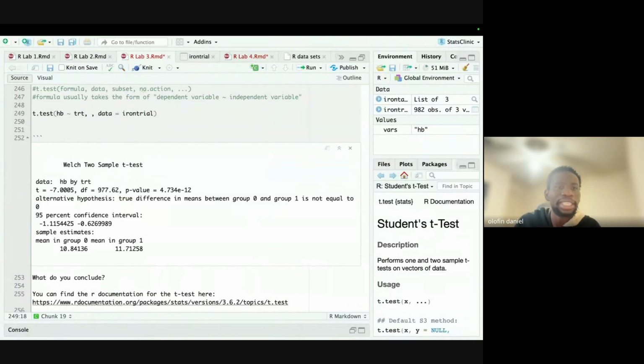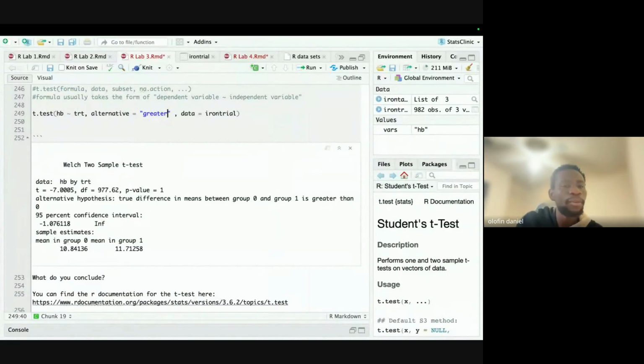We might be interested in checking whether the iron group is greater than the placebo group. So you can just come and specify your alternative equals, and I hope it takes that. Yeah, it takes that.